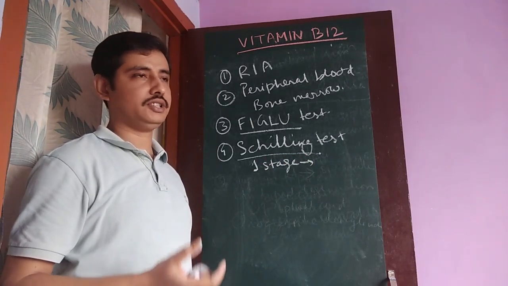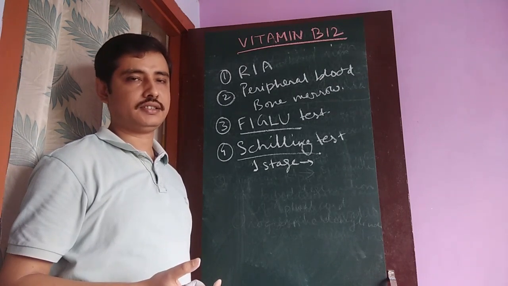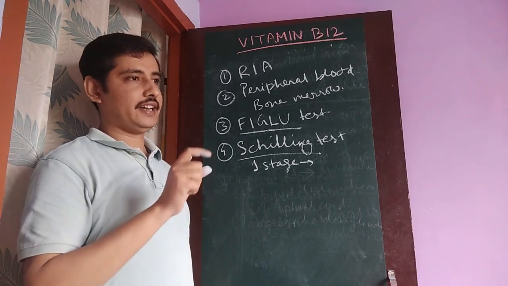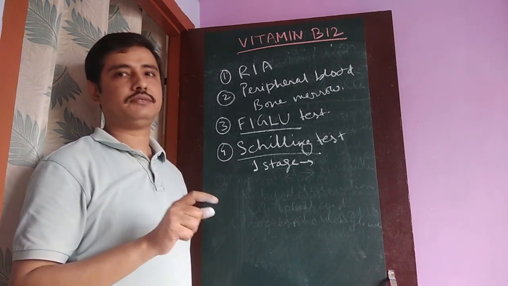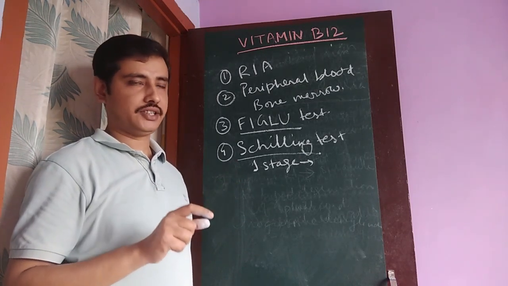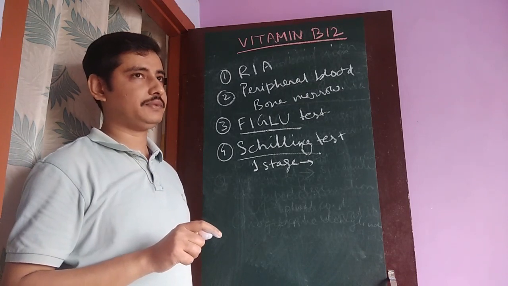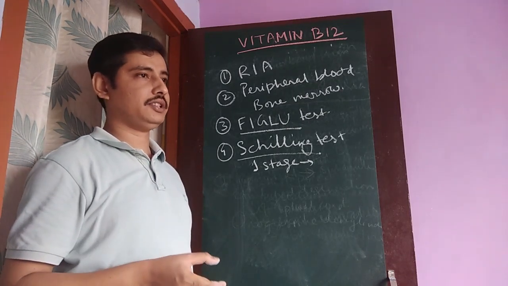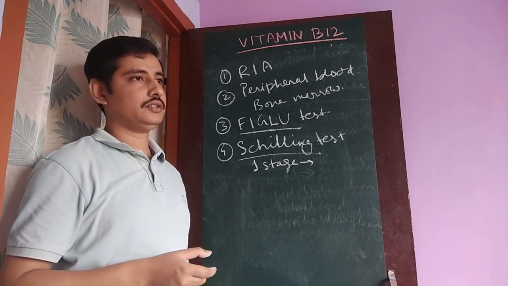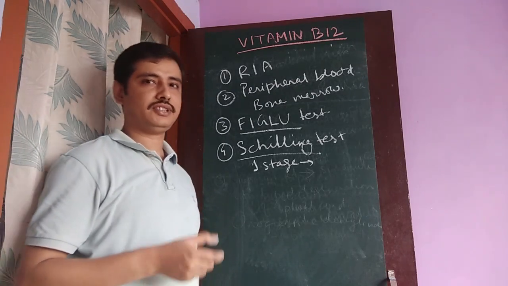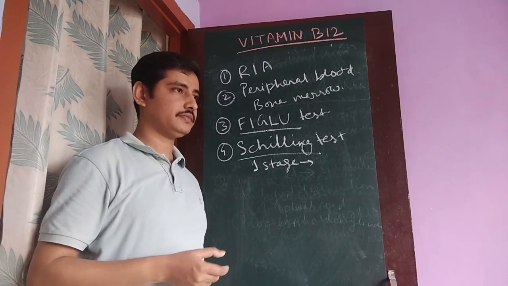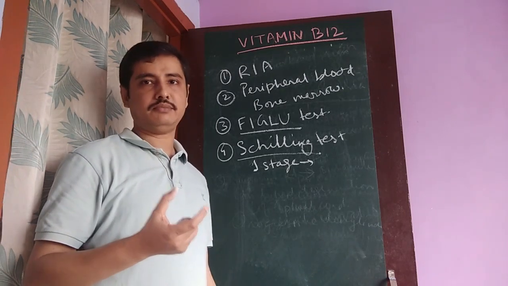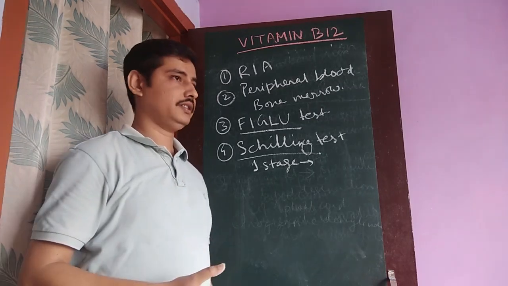Then after 1 hour, we inject intramuscularly a particular dose of vitamin B12. That vitamin B12 we label with radioactive material, and after a time period we assess the vitamin B12 in the urine. If there is decreased absorption of vitamin B12, we will get an unchanged amount of vitamin B12 in the urine.